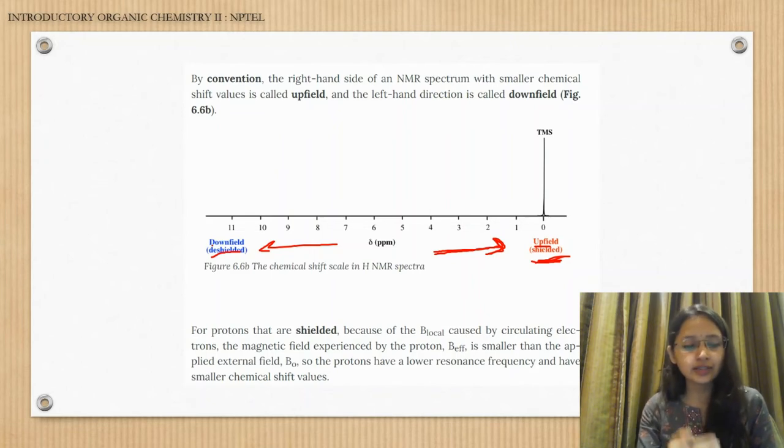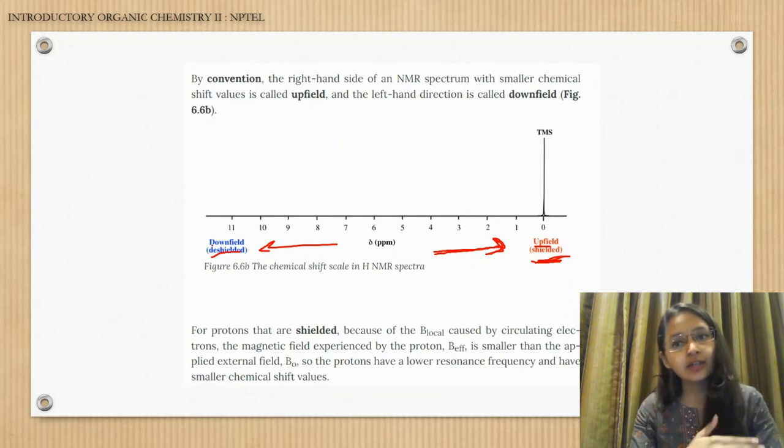If the shielding effect is there, then the nuclei is going to resonate at a low frequency. Low frequency means that it has a lower chemical shift. Lower chemical shift means we are saying that the nuclei is shifted upfield.